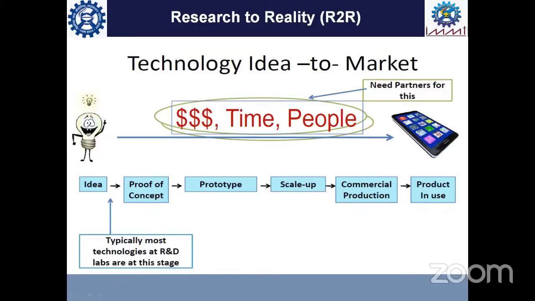But most of the academic and R&D institutes are typically oriented towards the initial one or two stages of activities. Somehow, further activities are not realized in real practice. But all the brands, all the products that we are seeing in the market today are an outcome of the entire stages of activities that are depicted on this screen.